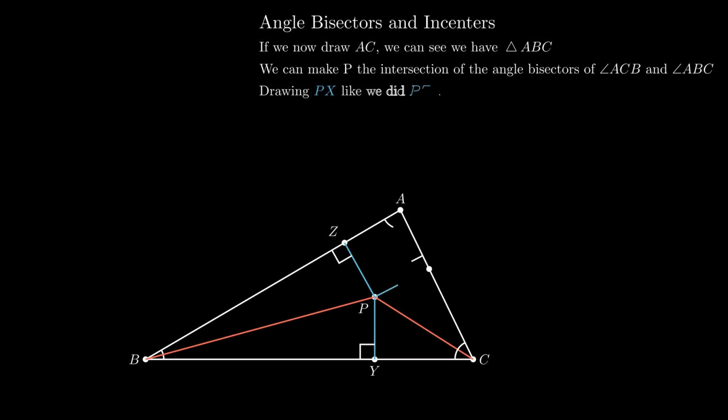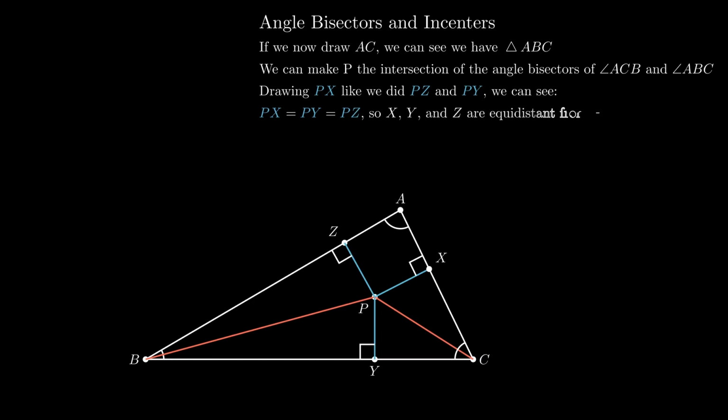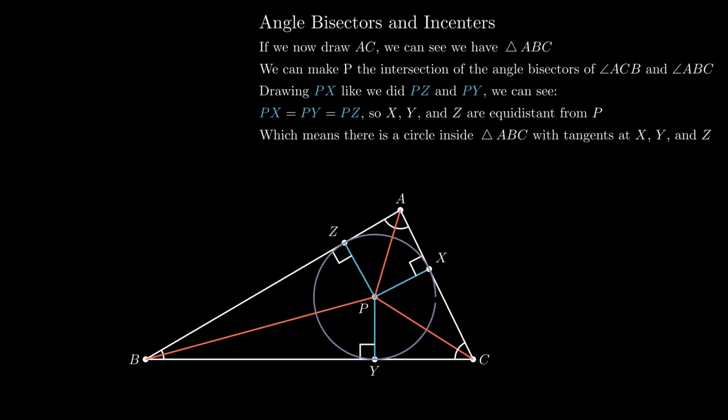So X, Y, and Z are equidistant from P. Therefore, since an angle bisector is the locus of all points equidistant from the two sides, angle A's bisector must also land on P, which means there is a circle inside triangle ABC with tangents X, Y, and Z. We call the center of that circle P, the incenter.